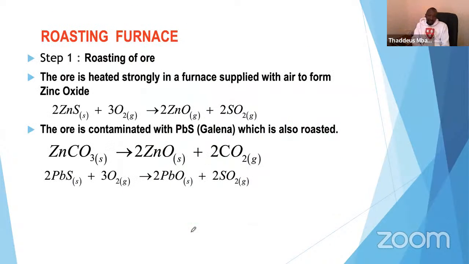Roasting furnace. Step 1. So the extraction is very easy. Step 1 is that the ore is just thrown in a furnace supplied with air to form zinc oxide. So it's simply when you roast this one in presence of air to get zinc oxide and sulfur dioxide. You remember this equation? Where did you see it?